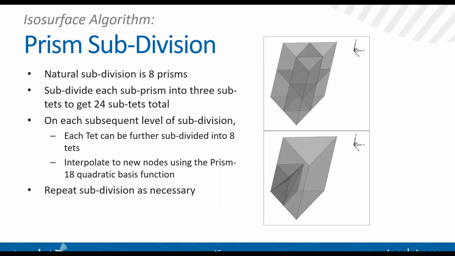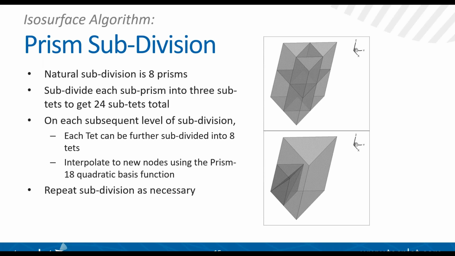You can see a pattern here. The pattern is that we subdivide into smaller elements. In this case, with the prism, we subdivide it into 8 prisms. And each of those subprisms can be divided into 3 subtets. So this is how this is different than the previous two, where the hexahedra is subdivided into hexahedra and the tets subdivided into tets.